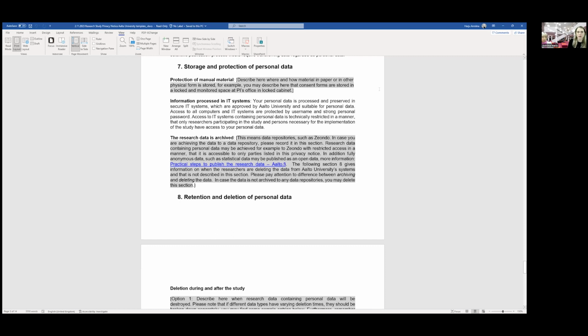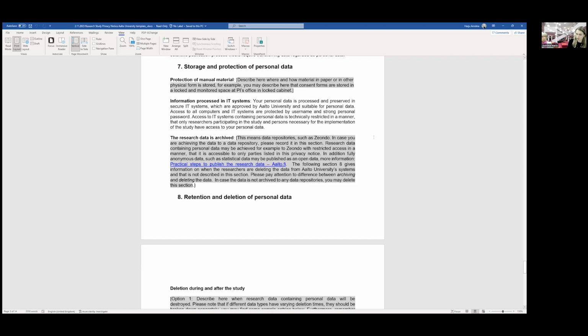And again, here we have tried to make your life as easy as possible because we have basically written this section ready for you. So we have just a really general clause that the personal data is processed in secure IT systems, which are approved by Aalto University and suitable for personal data.